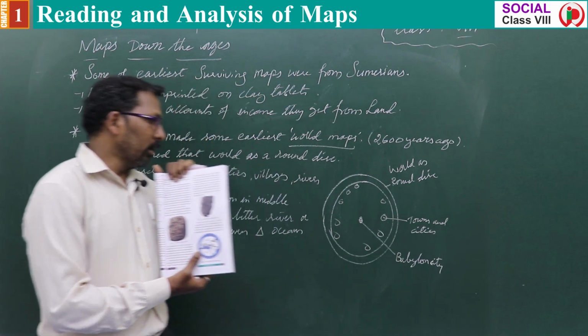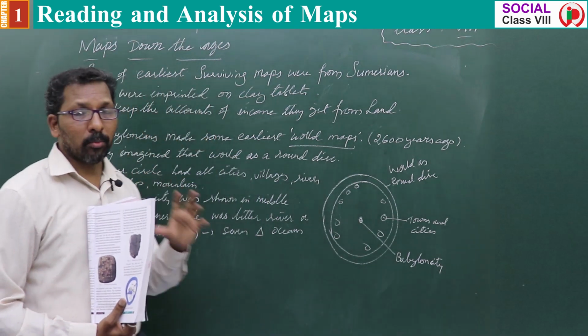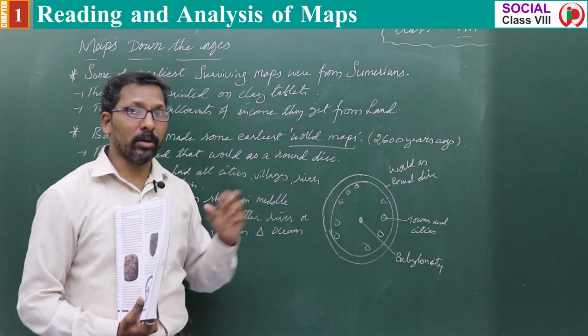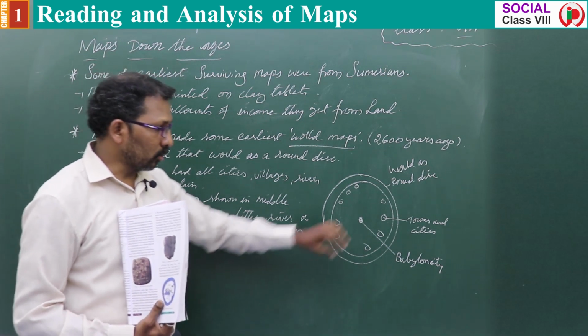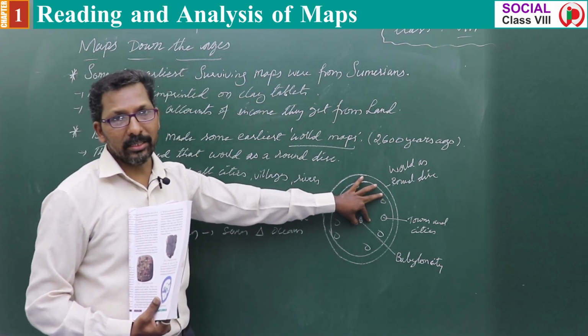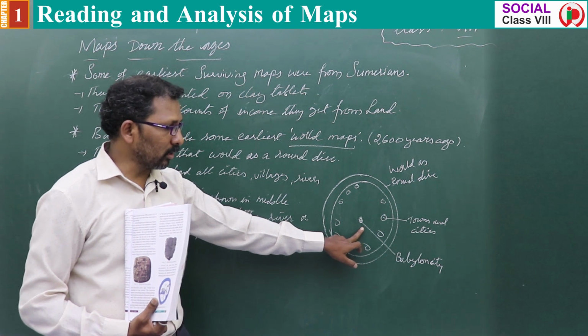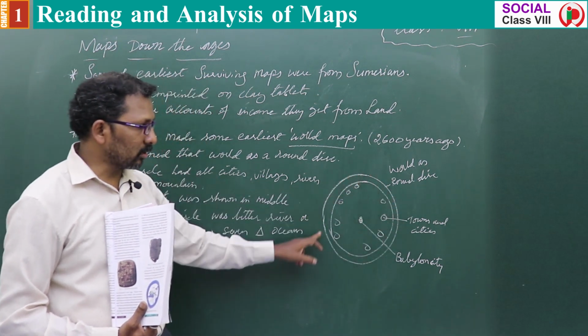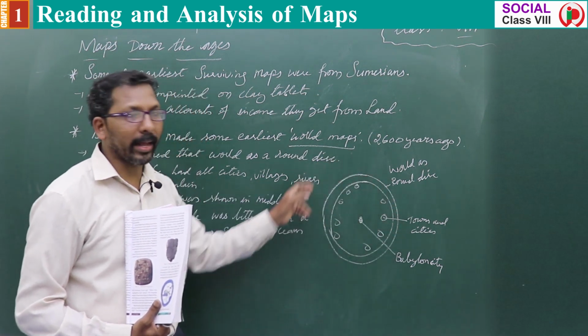And the Babylon city, the important city of the Babylonians, was centered here. So the Babylon city was in the center and all the villages, towns, cities and mountains were around it.